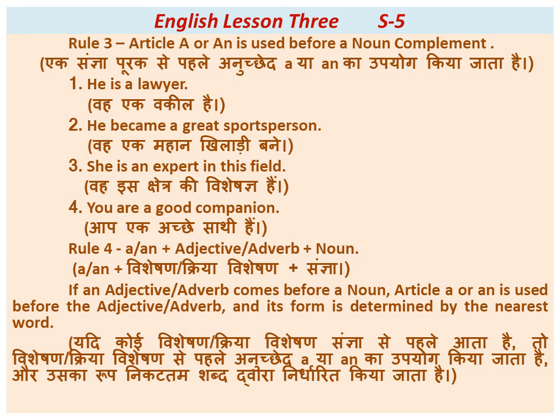In that case, if an adjective or adverb comes before a noun, article a or an is used before the adjective or adverb, and its form is determined by the nearest word. So friends, यदि कोई विशेषण या क्रिया विशेषण संज्ञा से पहले आता है तो विशेषण क्रिया विशेषण से पहले अनुच्छेद ए या एन का उपयोग किया जाता है और उसका रूप निकटतम शब्द द्वारा निर्धारित किया जाता है. इसके जो एग्जाम्पल्स है वो हम अगले स्लाइड में देखेंगे, स्लाइड नंबर 6 में.